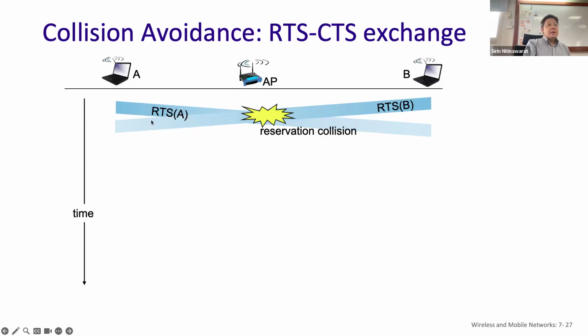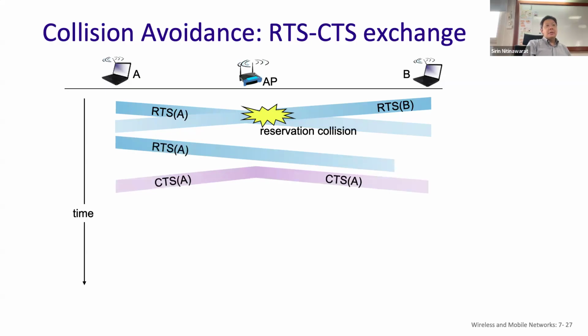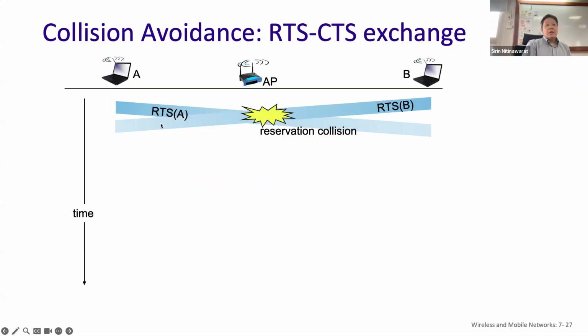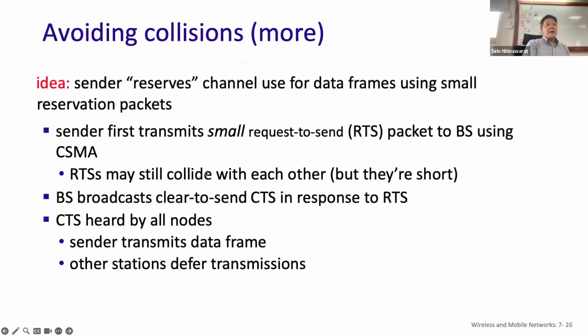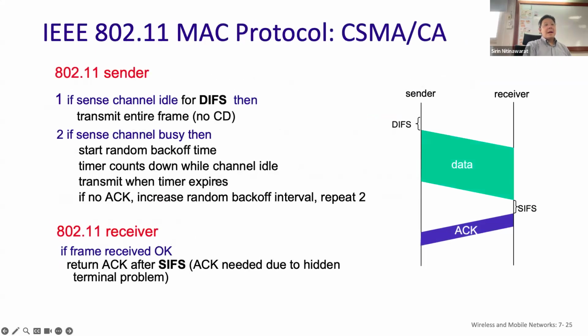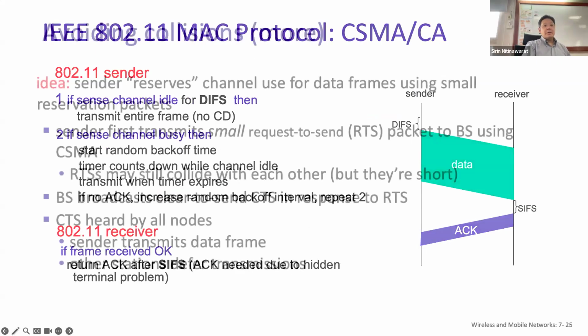If they happen to send the request to send frames at the same time, the frames may collide at the AP. In that case, the AP will not allow either of them to transmit, but wait for another time. Remember, these request to send frames are sent according to the back off mechanism that we already mentioned.